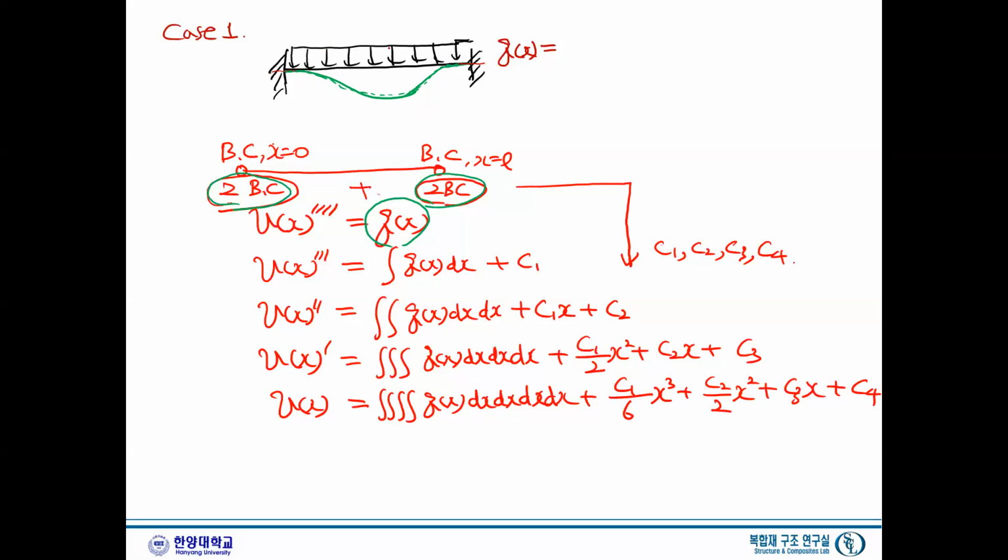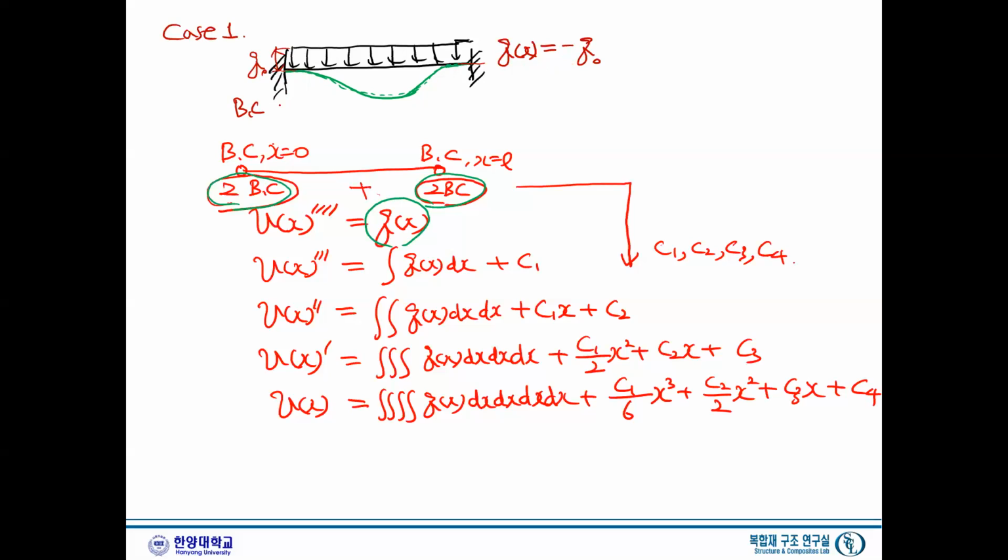Well, this magnitude, let's denote this as q0, and please notice that it is all downward. So q(x) is simply minus q0, right? q0 is a constant, and it is downward, that's why there's a minus. So this is q(x) equals minus q0.